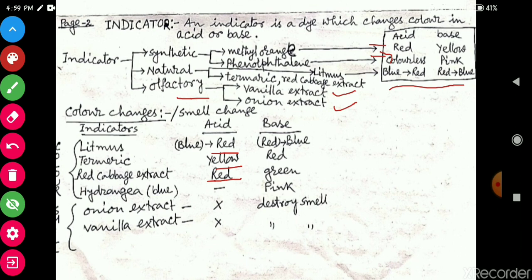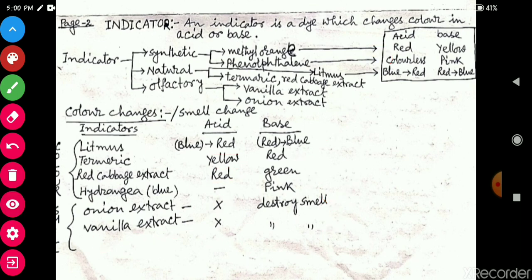But in basic solution, red litmus changes to blue, turmeric changes to red, red cabbage extract changes to green, hydrangea pink. Now the change in smell. In acidic solution, onion extract and vanilla extract will not change their smell, but in basic solution they lose their smell.